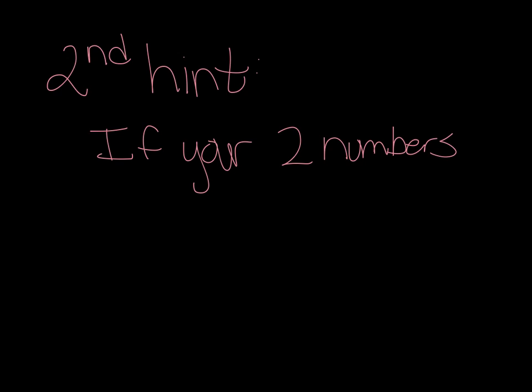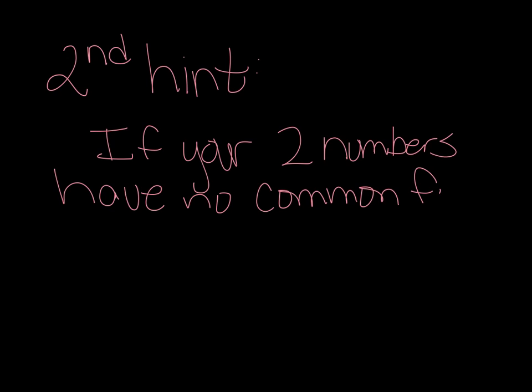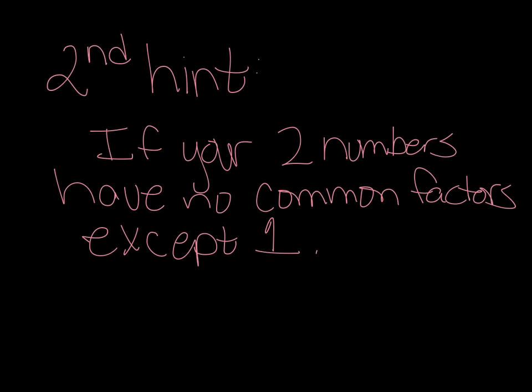Okay, your second hint, I'm going to write it right here for you. Your second hint is if your two numbers have no common factors except for one, then you can multiply the numbers together to get the LCM.